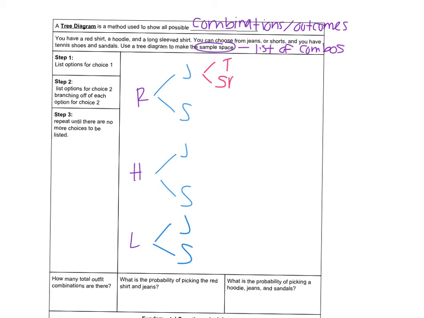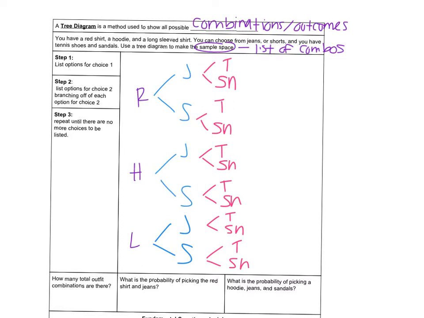So I'm going to do SN for sandals. So I can do tennis shoes or sandals, for each of the pants choices.